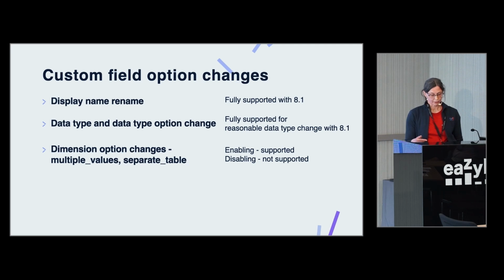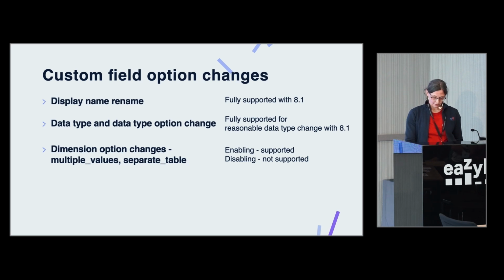Then the data type and data type option change. It's also supported for reasonable data type changes with 8.1. Previously, it was only supported sometimes. For reasonable data type changes, we do not allow changing integer to date, because typically they are not changeable normally. But string to numeric values can be changed.